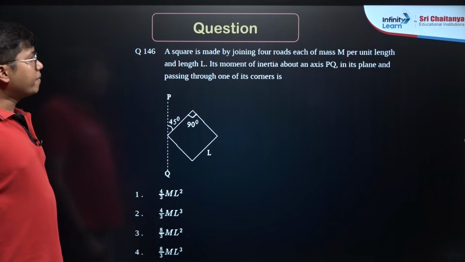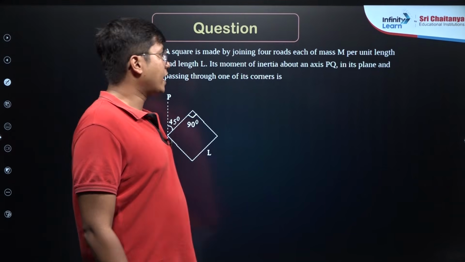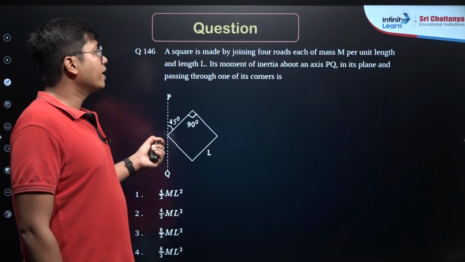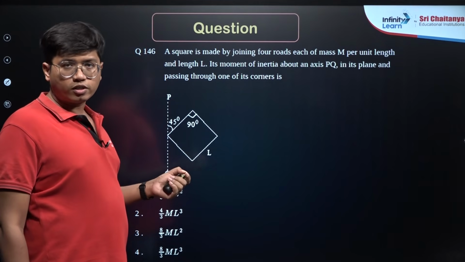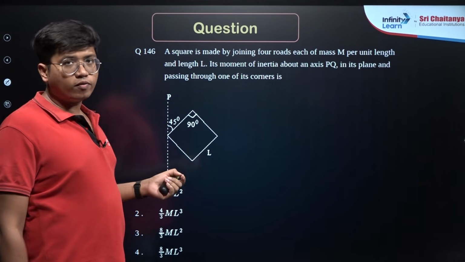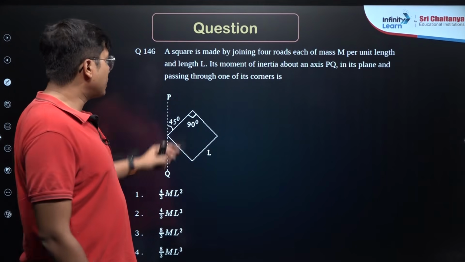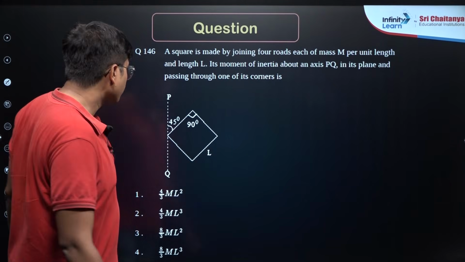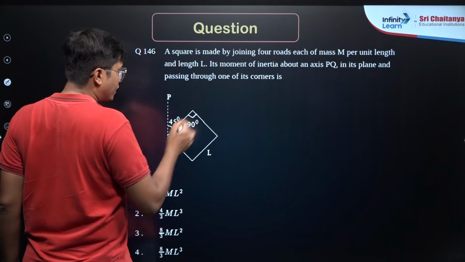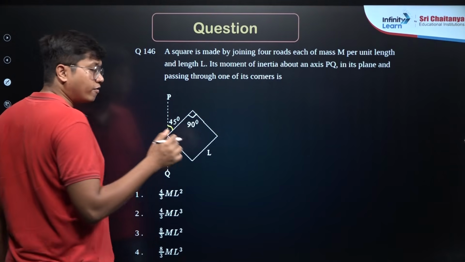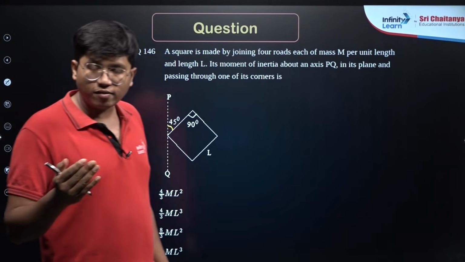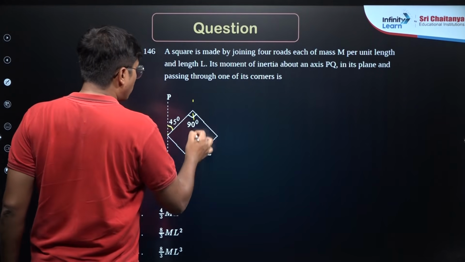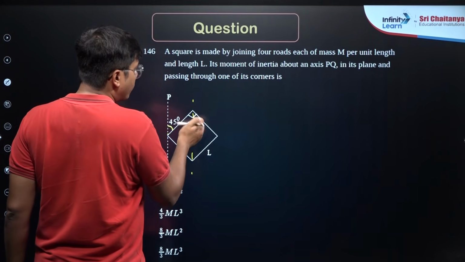This one said there is a square made by joining 4 rods, each of mass m per unit length. Its moment of inertia about an axis PQ in its plane passing through one of its corners is how much? So what you can do over here, you can either go with the parallel axis theorem or perpendicular axis theorem as you feel comfortable. You can stick to over here, suppose just this rod making an angle 45 degree, ml square by 3 sine square alpha. You can go with that. Same way you can do for this rod. These two rods also find a similar moment of inertia about this axis.